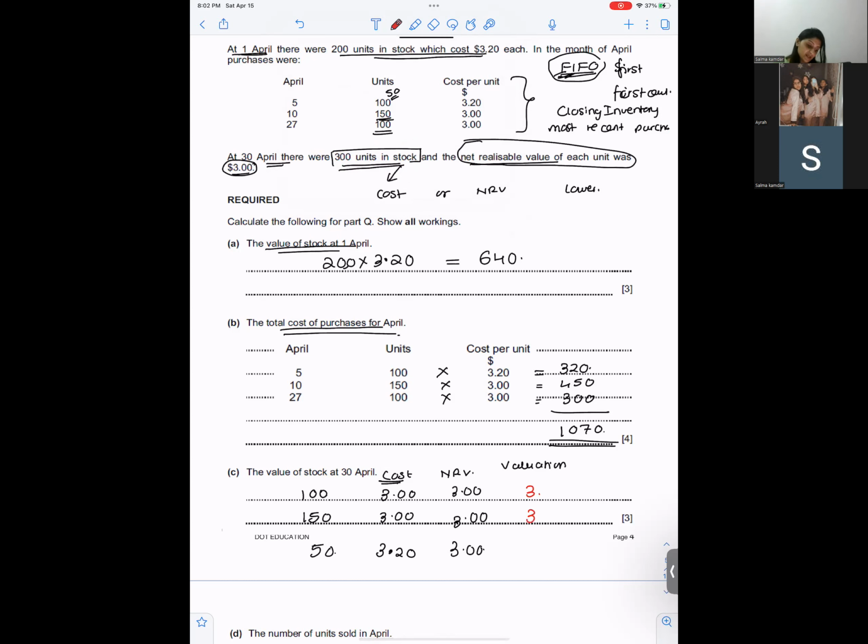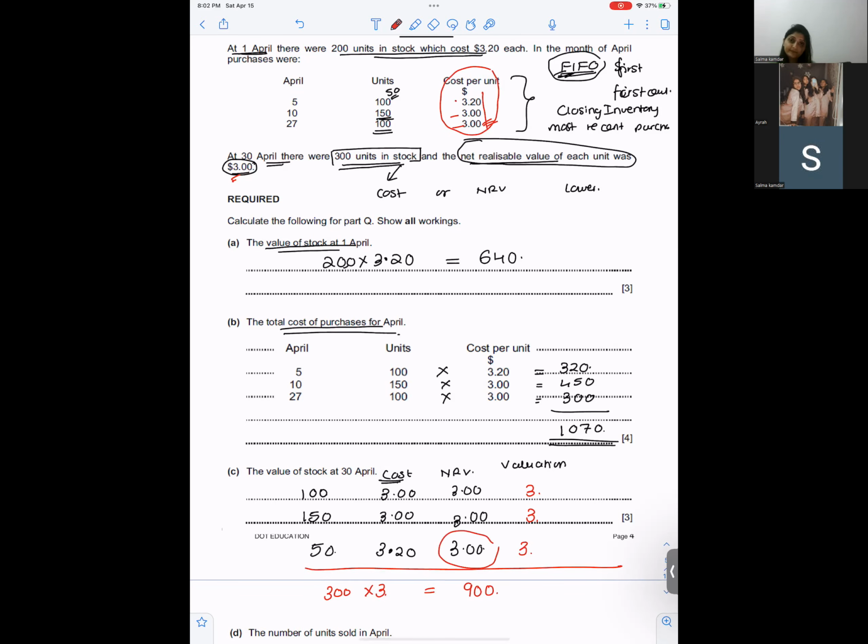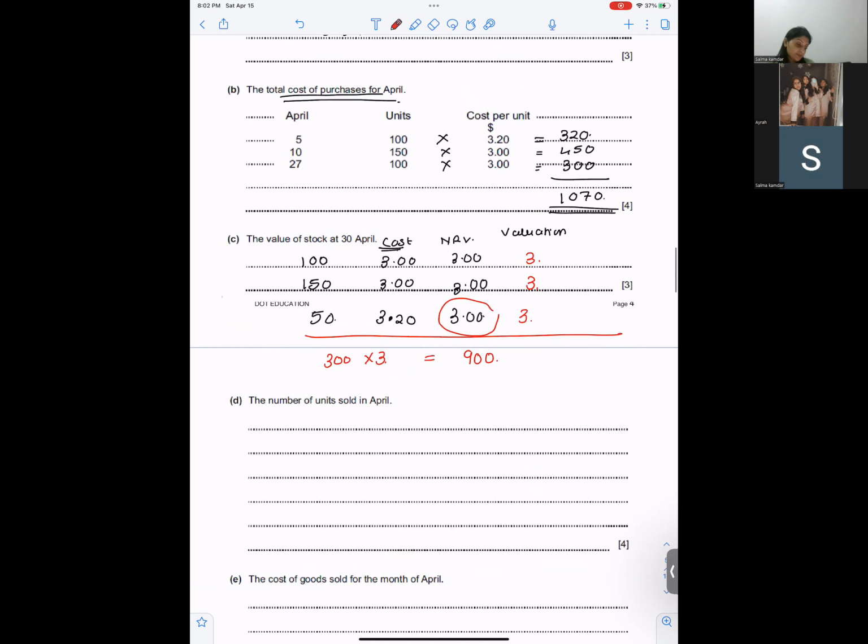So this will be at 3, this will be at 3, and this will be at 3. So basically you're going to value your inventory of 300 units at the price of 3, which is 900. You can do this part, or you can also see over here. The lowest cost is 3. NRV is 3, so you can compare. 3 is here, 3 is here, this is 3.20, so you have to value at 3. So you can do that also.